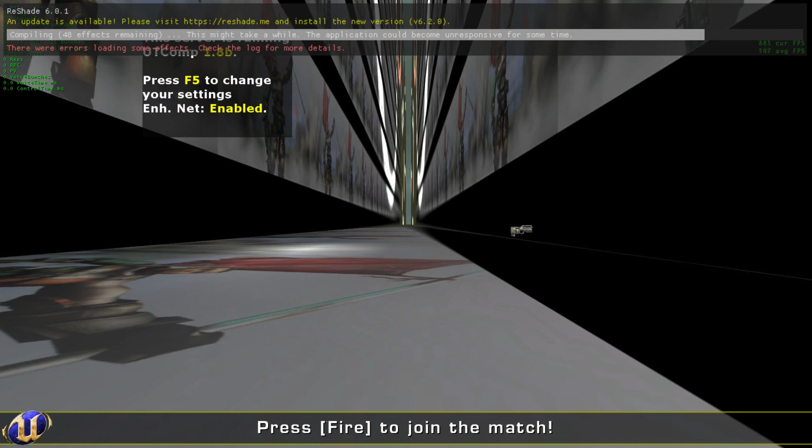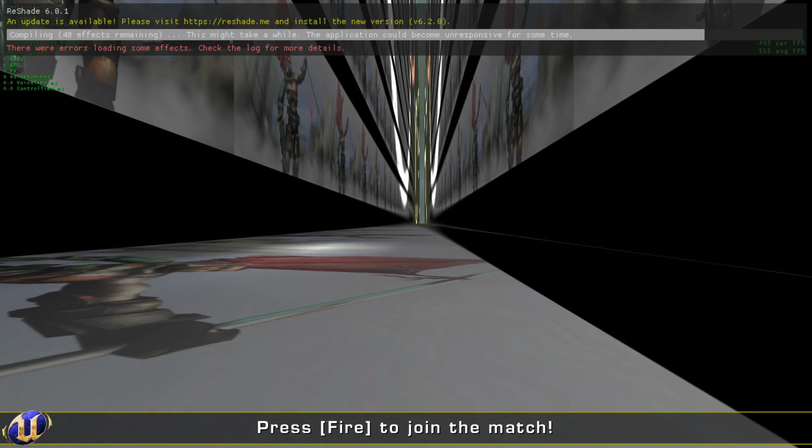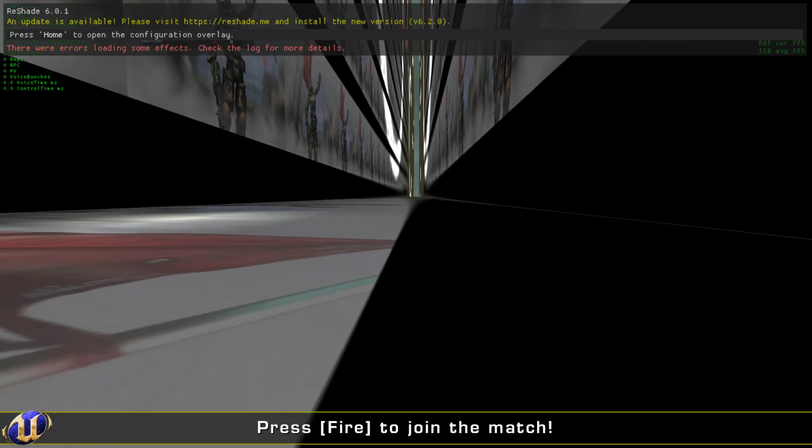So now we'll look at my frame rate and we'll look at my out packets as soon as reshade is out of the way.